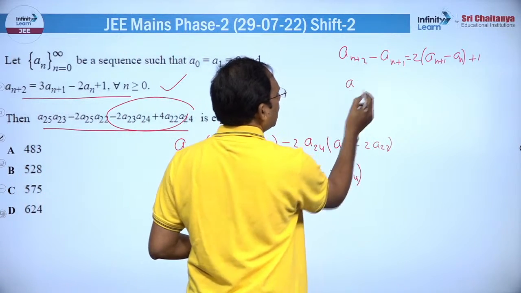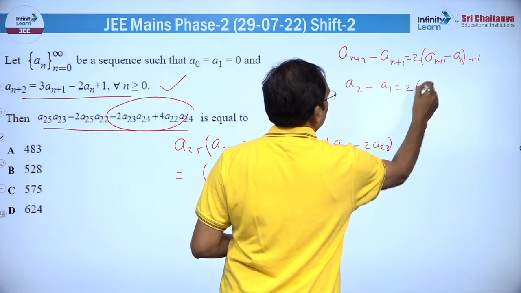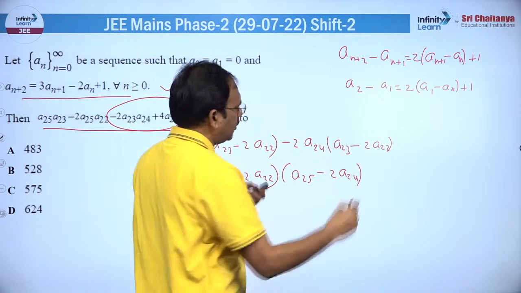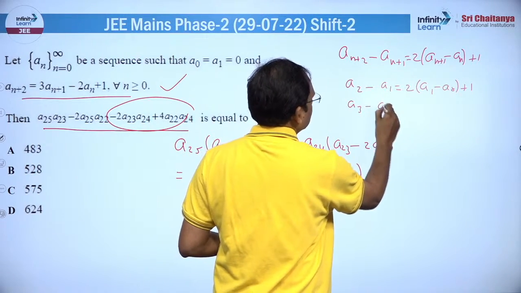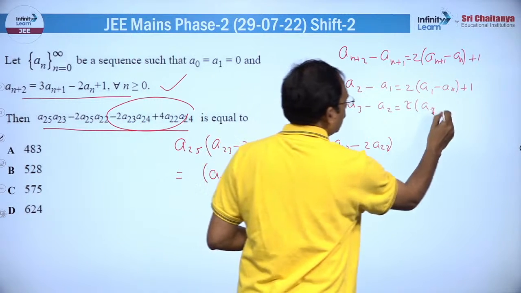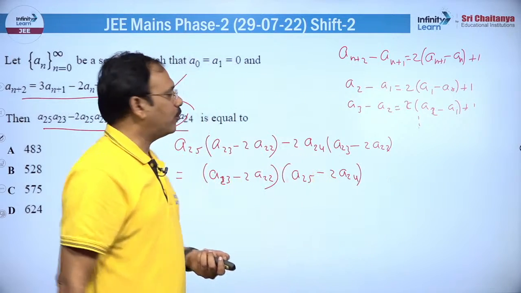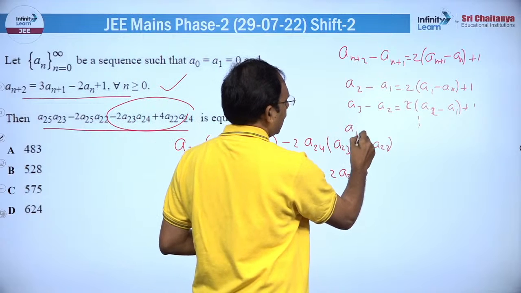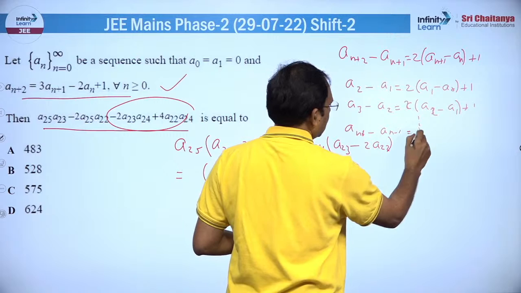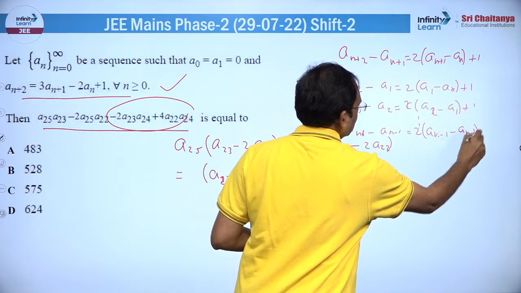If you put n equal to 0, you will get a2 minus a1 is 2 times (a1 minus a0) plus 1. Continue one more, a3 minus a2 is equal to 2 times (a2 minus a1) plus 1. Like that, if you just continue, you will get a n minus a n minus 1 is equal to 2 times (a n minus 1 minus a n minus 2) plus 1.